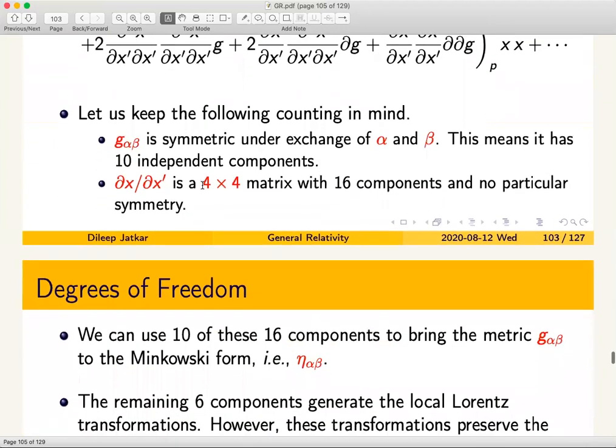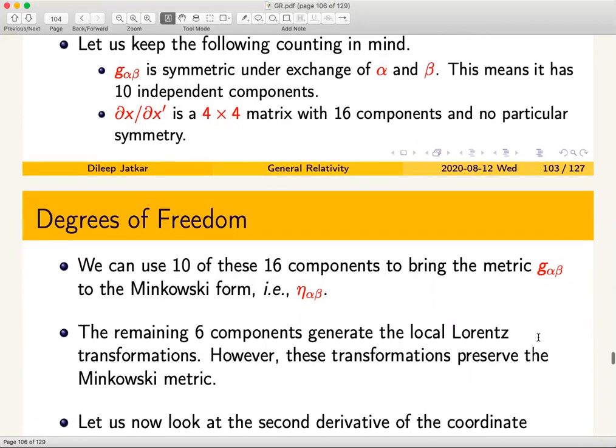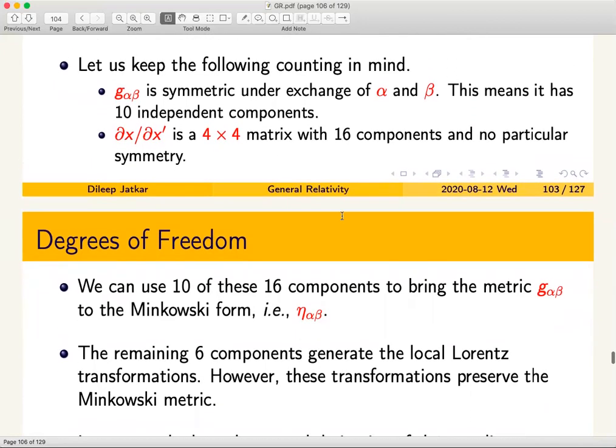Fine. So we want to utilize these two facts to arrive at certain results. So first thing is that, given that you have 16 components here, you could use these 16 components to bring the matrix G alpha beta into the Minkowski form. Now G alpha beta contains only 10 components.